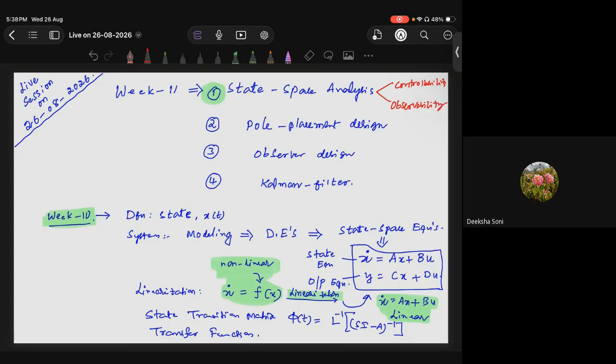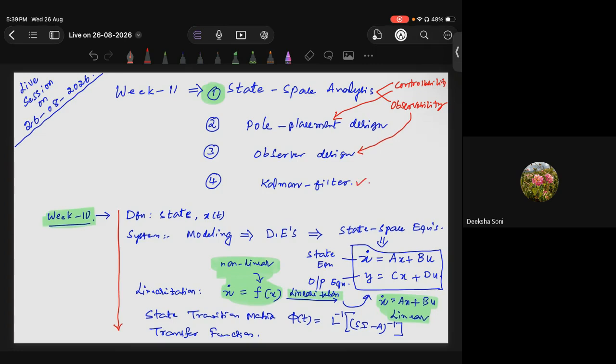Based upon controllability, we discuss the pole placement method. Based on observability, we discuss observer design. Then, as an extra topic, we will discuss Kalman filtering.